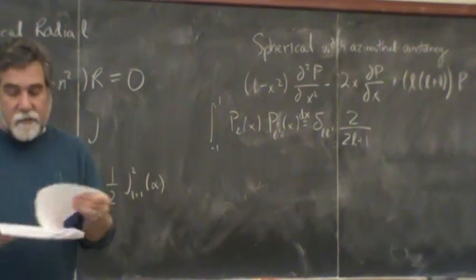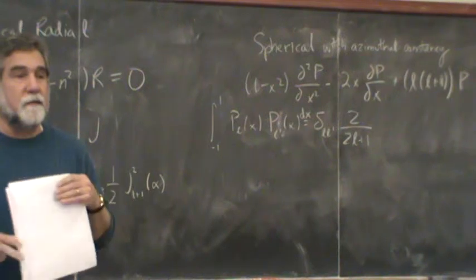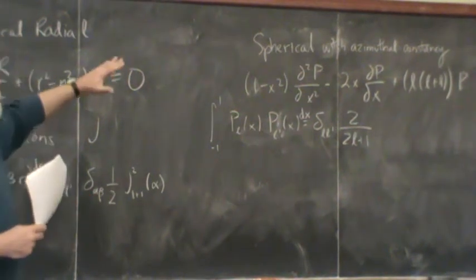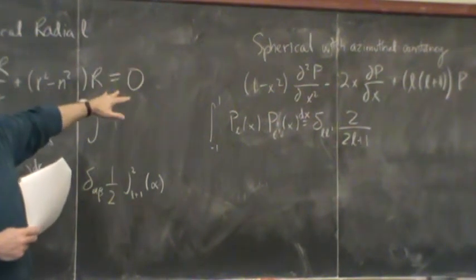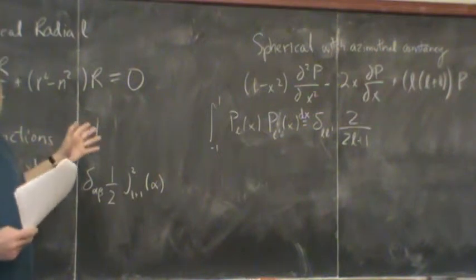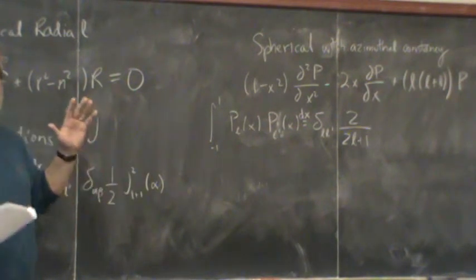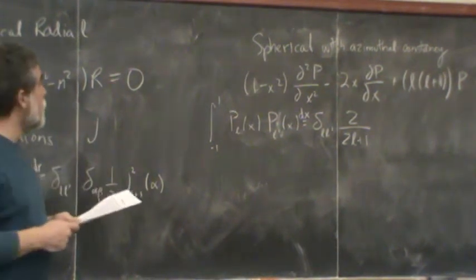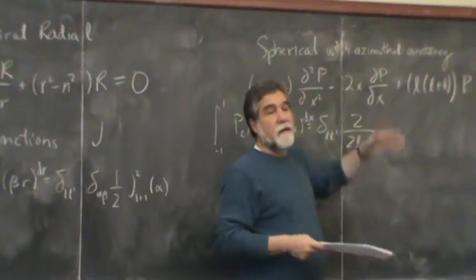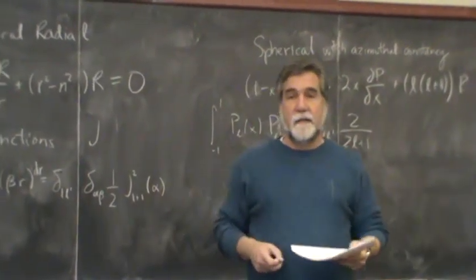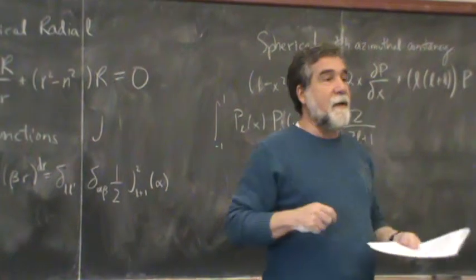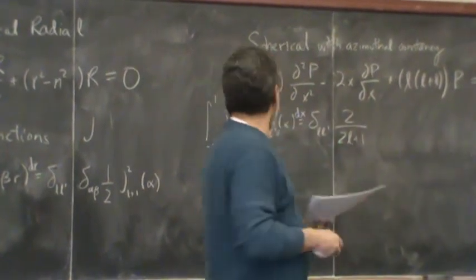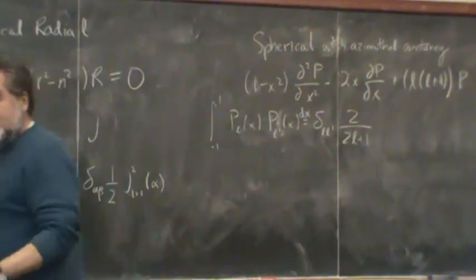And then I just wrote down the equation and the solutions for the full spherical Laplacian, where you don't have azimuthal constancy, where you've got an e to the i m phi.